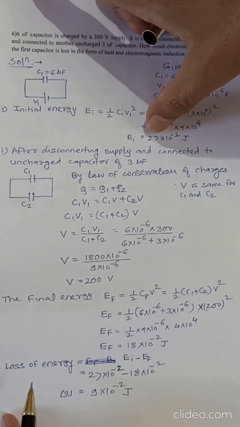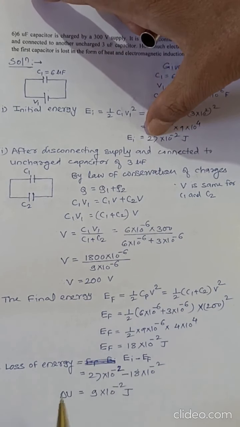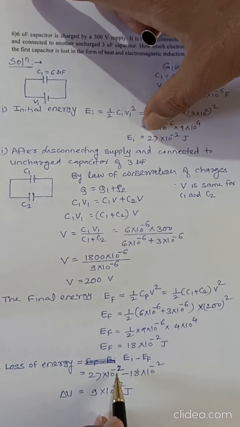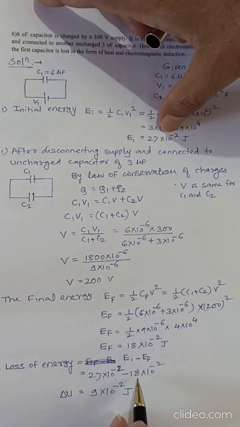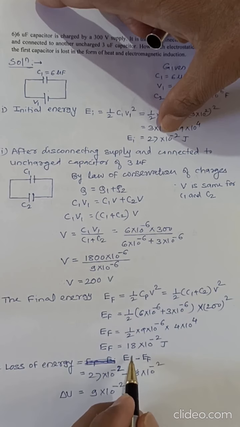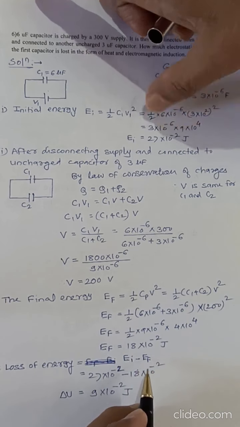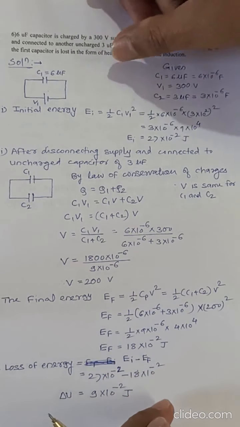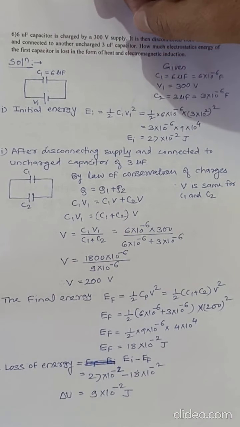Because initial energy is greater than final energy, so 27 into 10 raised to minus 2 minus 18 into 10 raised to minus 2. So loss of energy delta U is equal to 9 into 10 raised to minus 2 joule. So remember, here is the correction, EI minus EF. So this is the solution of this numerical.